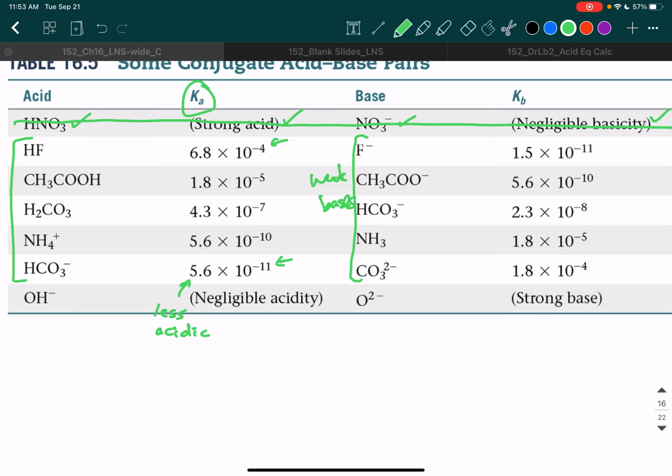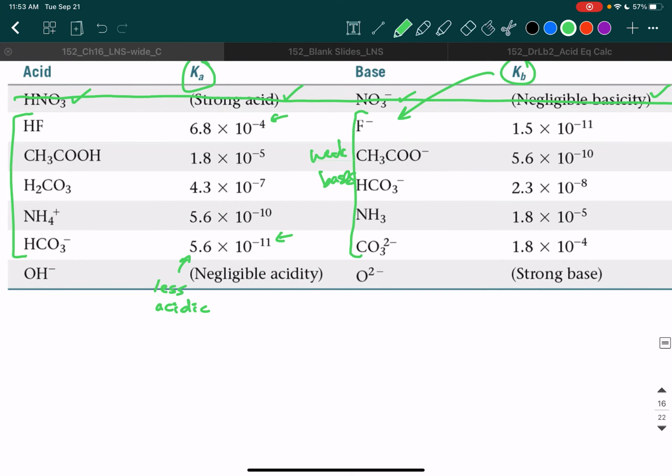And we have a Kb, which tells us how basic the conjugate bases are. Now, I'm going to focus not on Ka and Kb, but on pKa. I want a different color here because I want some contrast.